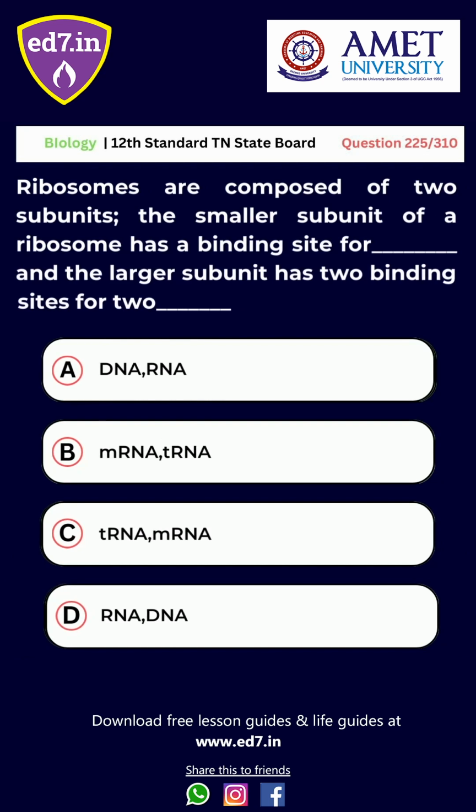Question number 225. Ribosomes are composed of two subunits. The smaller subunit of a ribosome has a binding site for dash, and the larger subunit has two binding sites for dash. Option A. DNA, RNA.